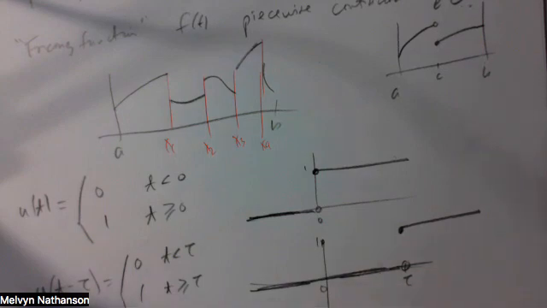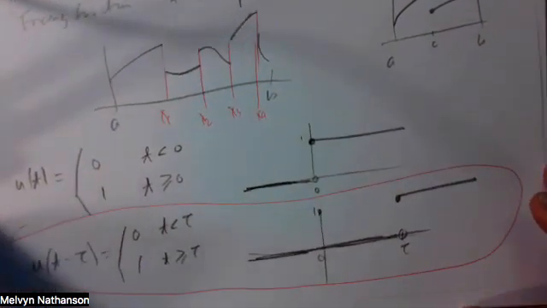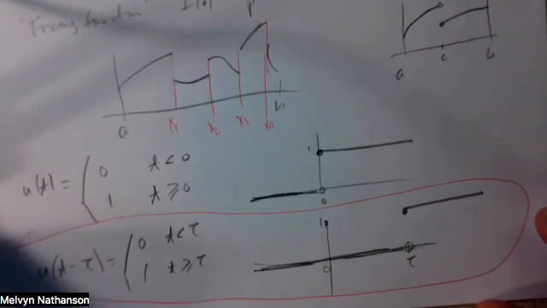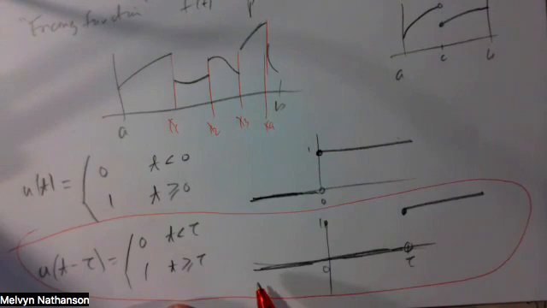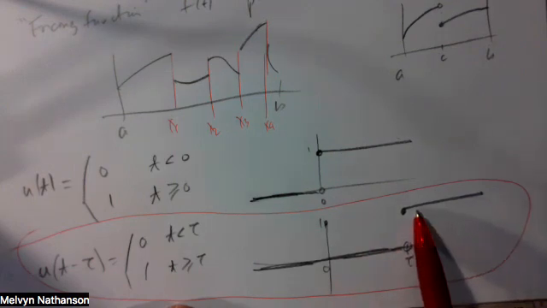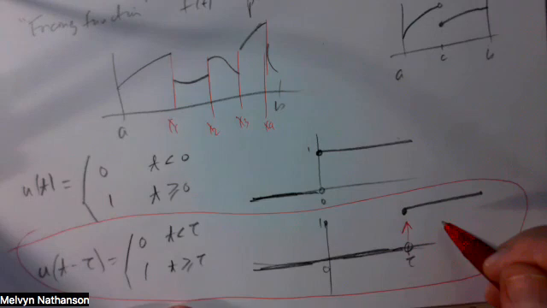And this is really the most important function with a jump discontinuity for us, right? I mean, this function is continuous everywhere except at the number tau, because the constant function 0 is continuous and the constant function 1 is continuous. But when you get to tau, you jump.